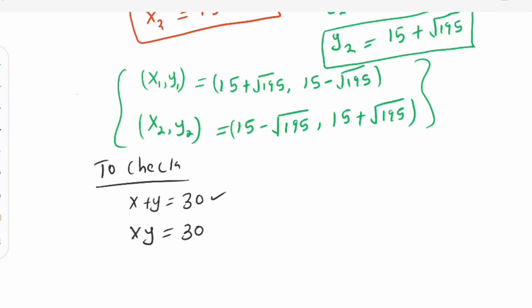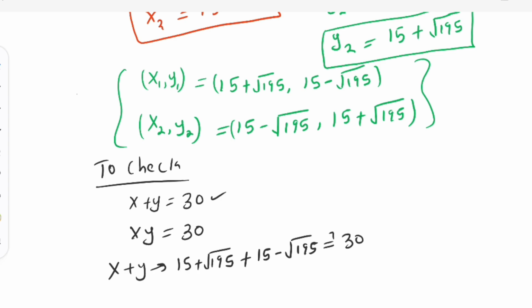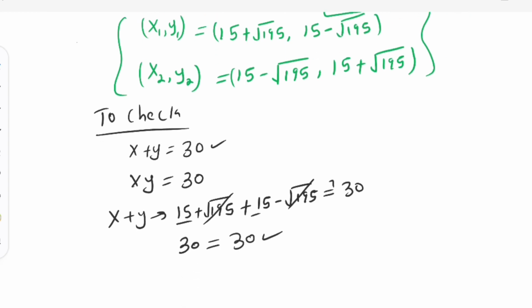Let us consider this. x plus y, this is 15 plus root 195 plus 15 minus root 195 must be equal to 30. This cancels this. 15 plus 15, this is 30, is equal to 30, which is true.